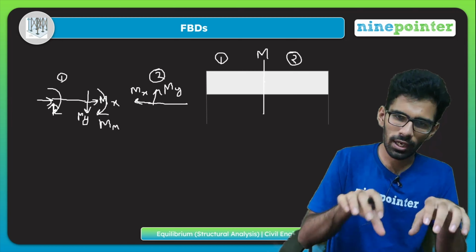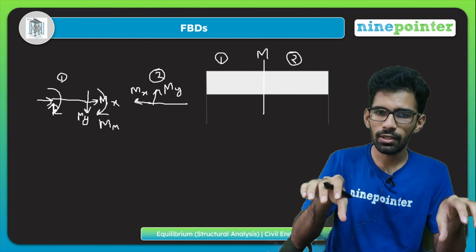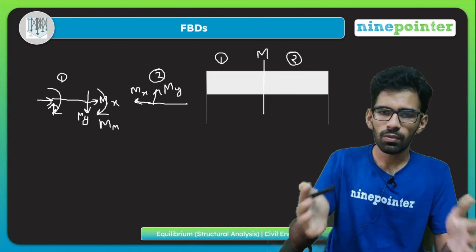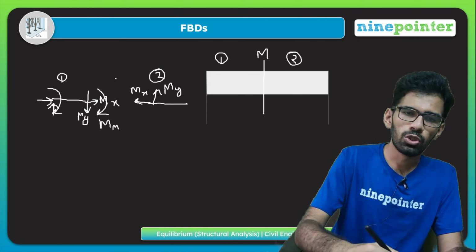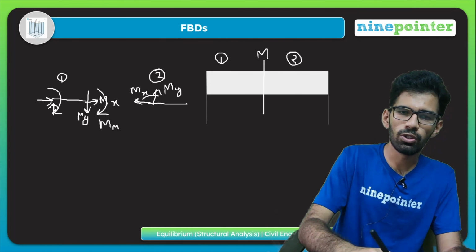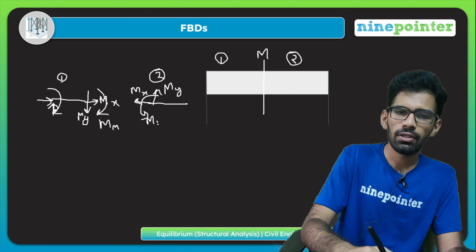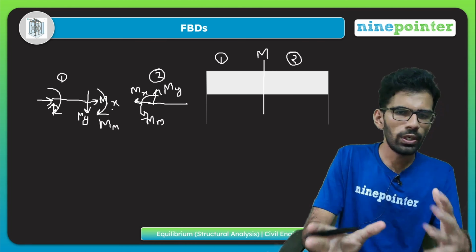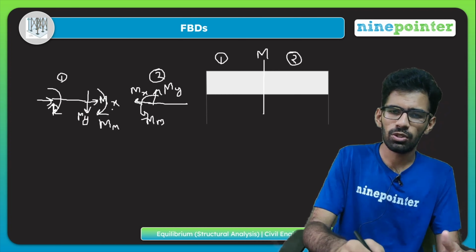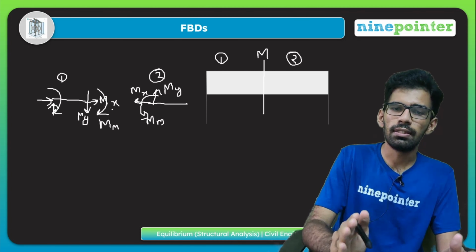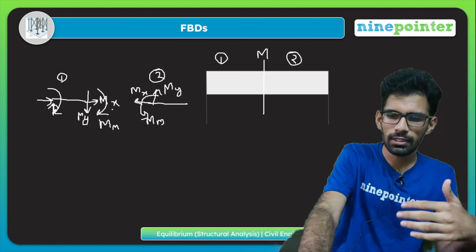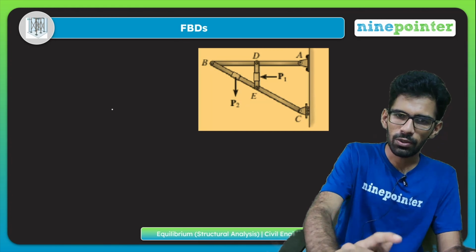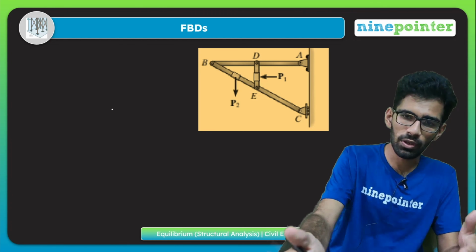Because it is a rigid body, we can neither rotate it nor stretch it, we cannot do anything, right? So the moments will also cancel and they will be equal and opposite on 1 and 2. Okay, so we drew a basic FBD. We understood how to draw the FBD in a section.